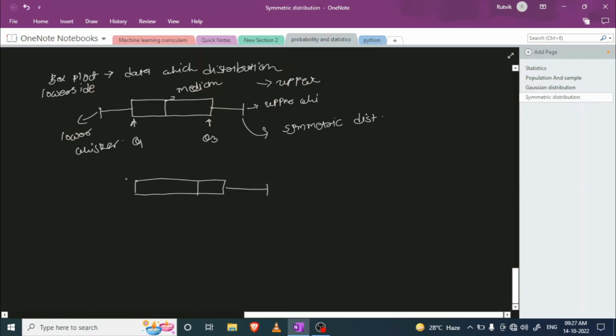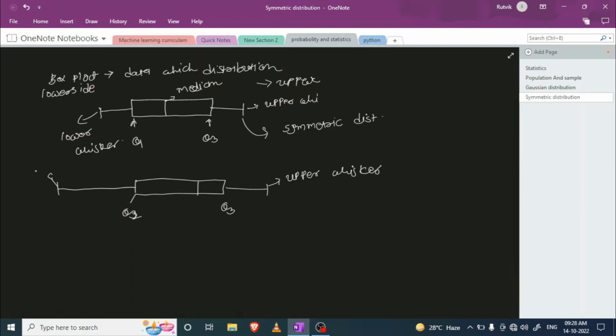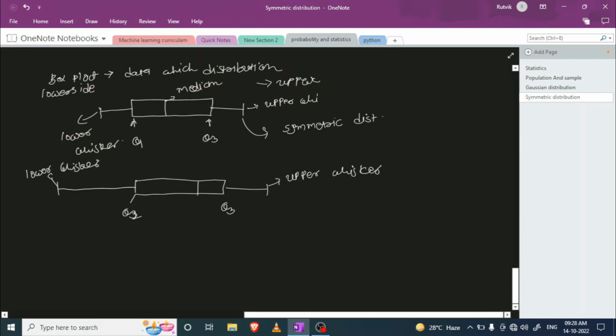Now, if our graph is like this, here the left side tail is quite longer. This is Q1, this is Q3, this is the upper whisker. If we have a graph like this where the upper whisker length is quite short compared to the lower whisker, then we can say that our graph follows the left skewed distribution.